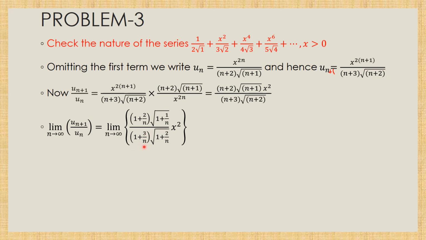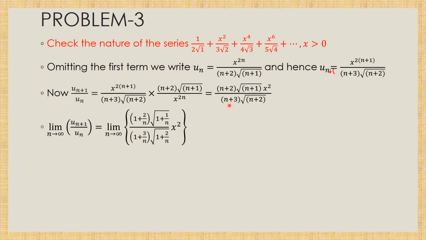And in the previous un plus 1 by un, here we see n plus 2. If you take n outside, it will become 1 plus 2 by n. In the second denominator, we have n plus 3. If you take n outside, this will be 1 plus 3 by n.